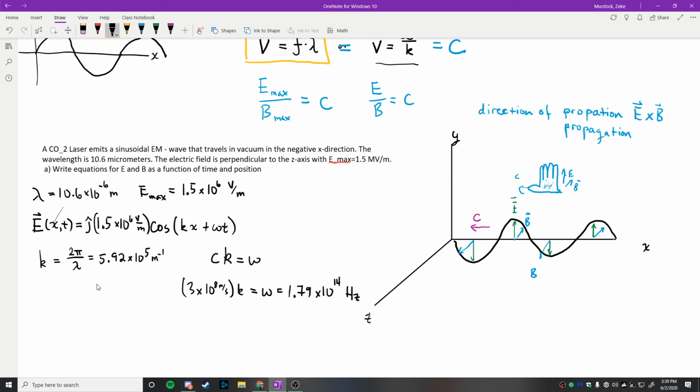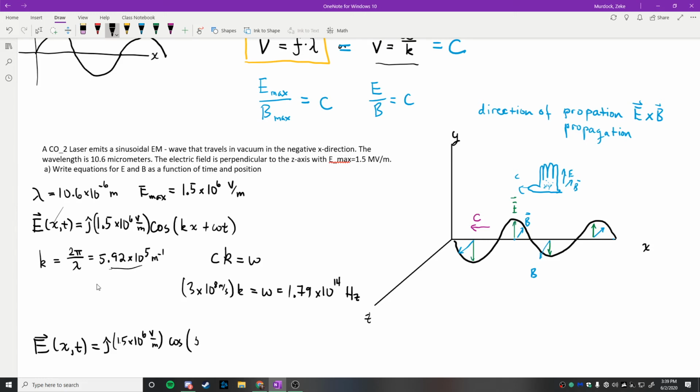So we can put both of these numbers inside of our equation right here and get that the electric field as a function of x and t is equal to, this is a lot of numbers to crunch in here, so it's 1.5 times 10 to the 6th volts per meter, cosine of k, where's k? There's k.